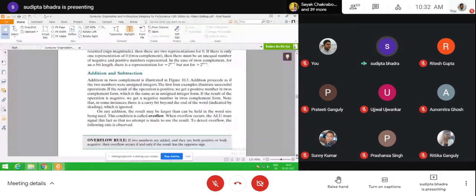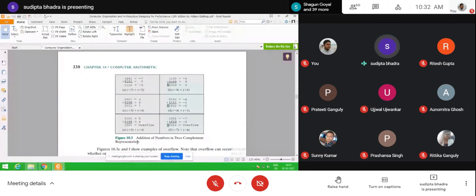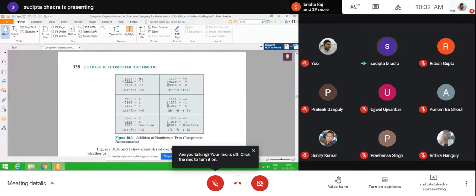Now you see in figure 10.3 several cases of addition of 2's complement representation. Figure 10.3a is the leftmost one in the top row. We are adding -7 plus 5, and the result is -2. Here -7 is represented by 1001.